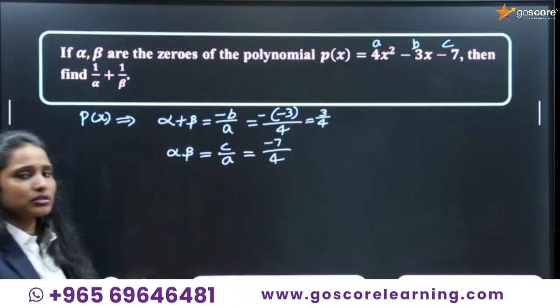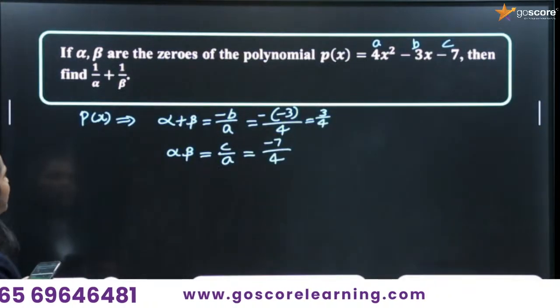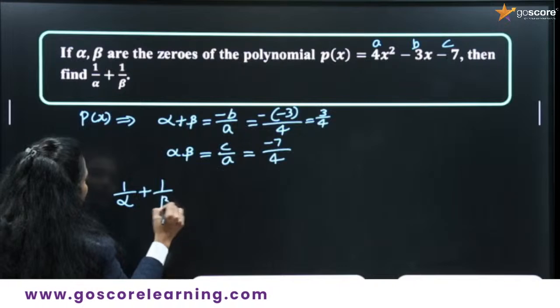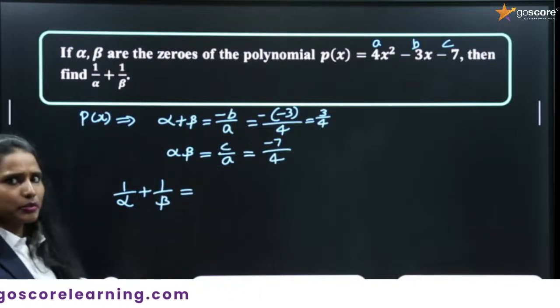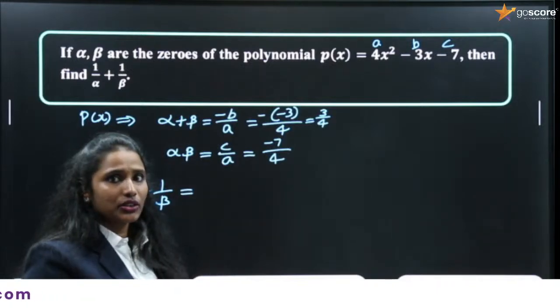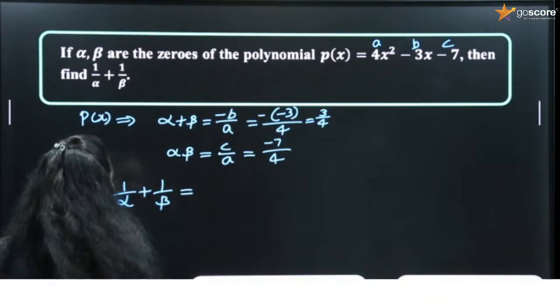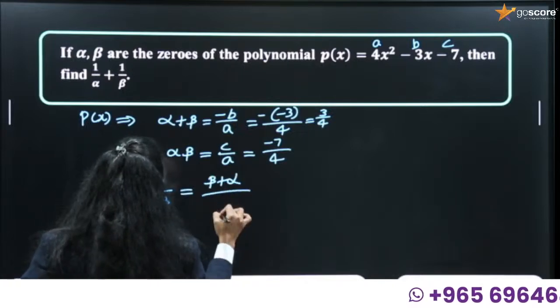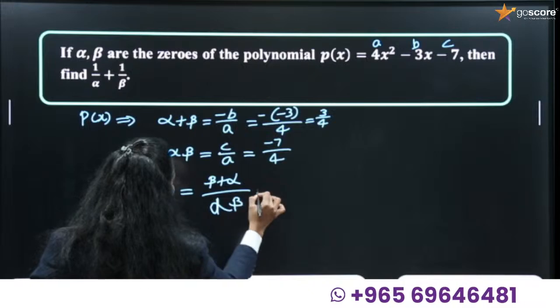We got both alpha plus beta and alpha beta. Now we need to find 1 by alpha plus 1 by beta. You know cross multiplication, right? a by b plus c by d, you know how to cross multiply. Simply do that. So beta plus alpha divided by alpha beta.